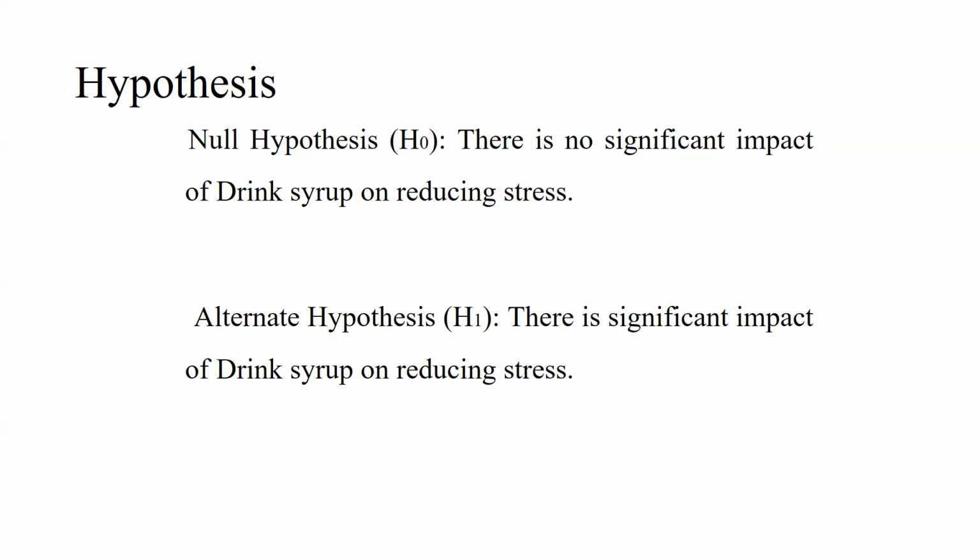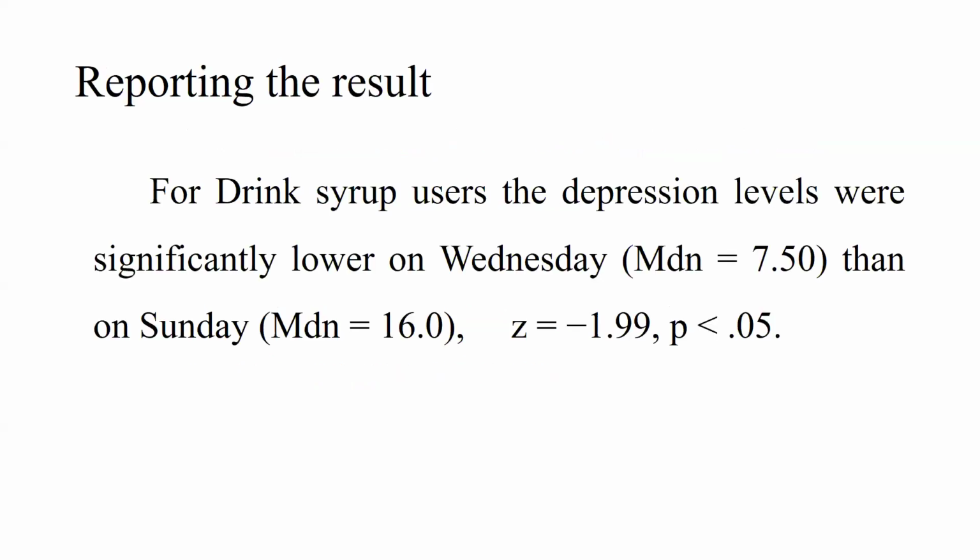If the difference is significant, it means the p-value is less than 0.05. If the p-value is greater than 0.05, it means there is not a significant difference. When we compare the two groups, we will always get a different value, but whether that difference is significant or not, the p-value will tell us.